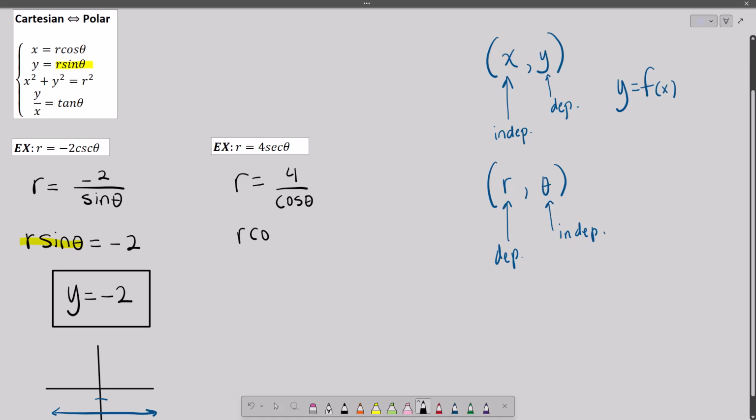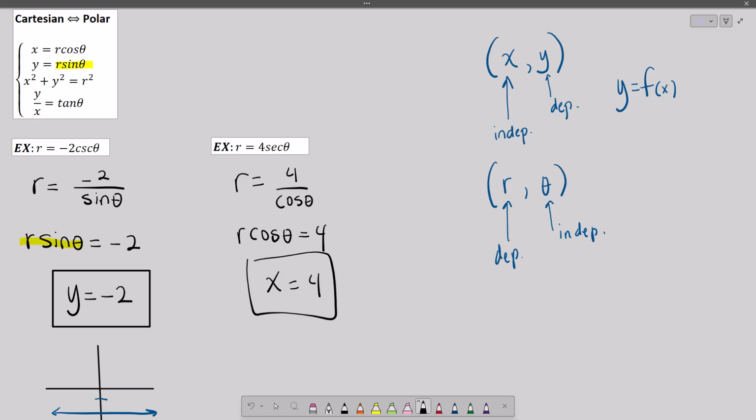But if we multiply both sides here by cosine, we get that this is what vertical lines look like. Vertical lines are constant times secant. So that's what a vertical line looks like in polar. r equals -5 secant would be the vertical line at -5.